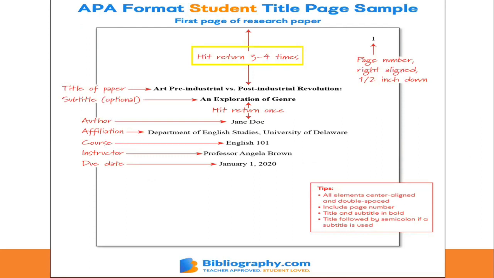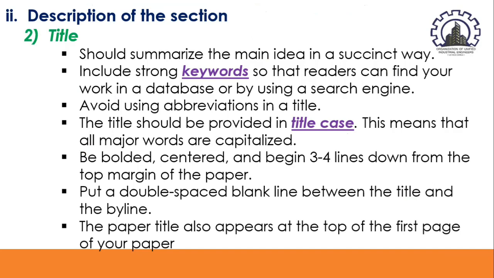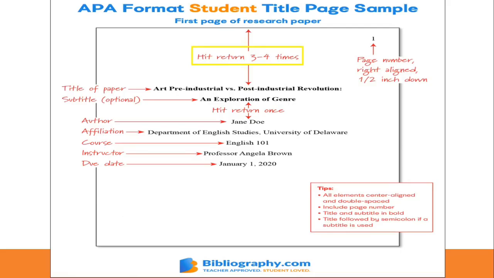Now, first, you have there include strong keywords. In this particular example, we have Art, Pre-Industrial versus Post-Industrial Revolution: An Exploration of Genre. So if I have to assess the title, the keywords here are art, pre-industrial, and also post-industrial revolution.